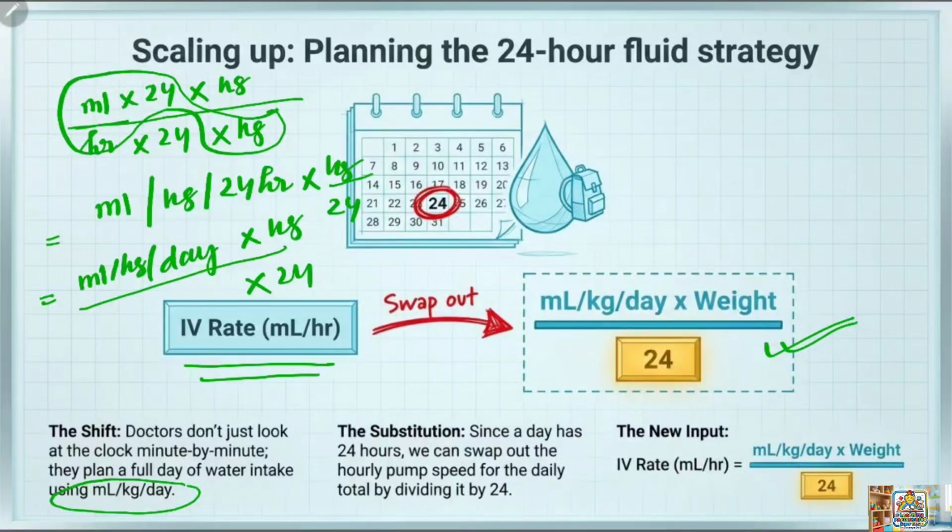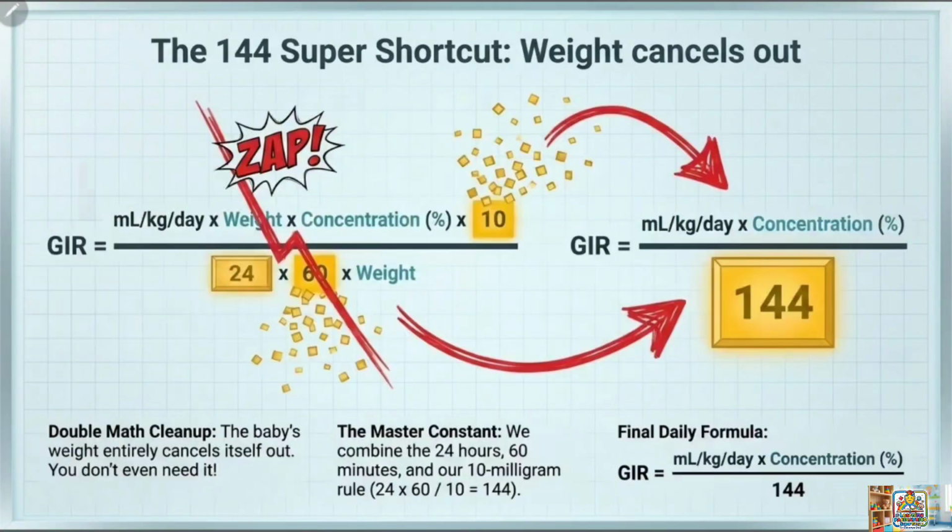That means ml per hour equals that. We came with the formula of ml per kg per day into concentration. 6 into 24 equals 144.